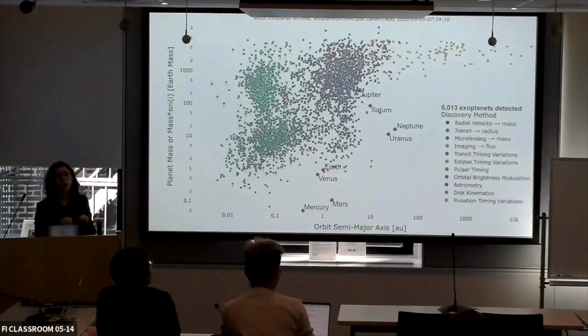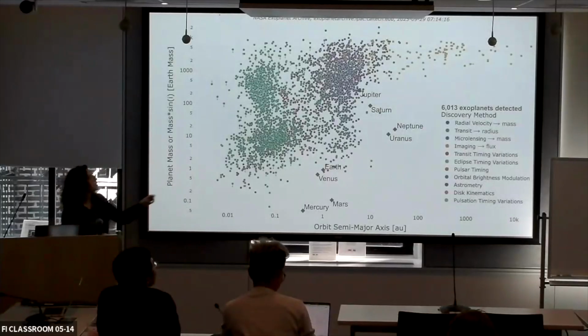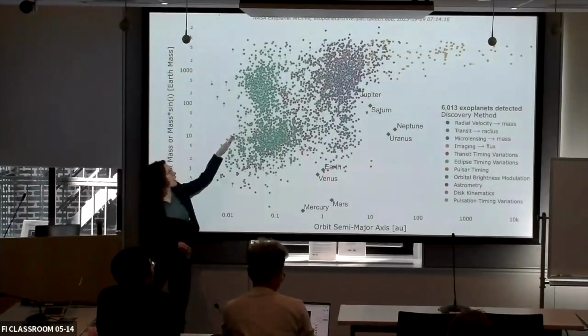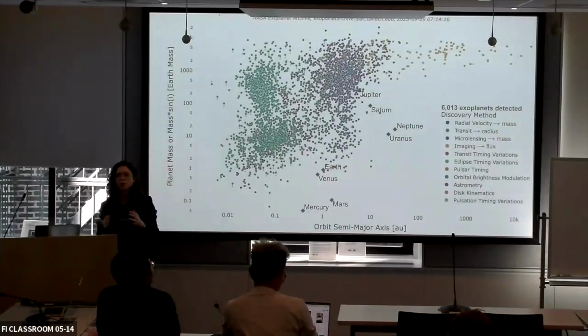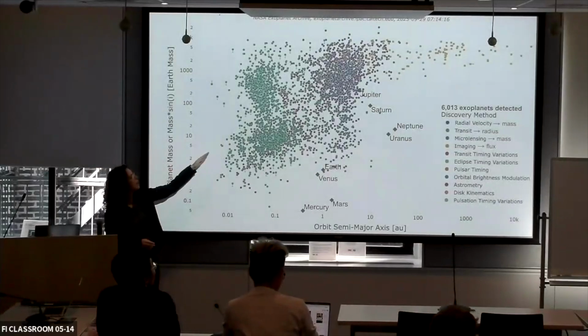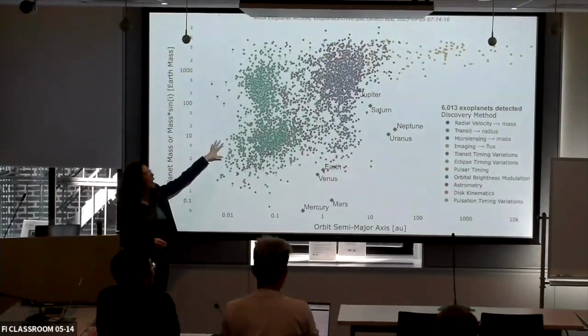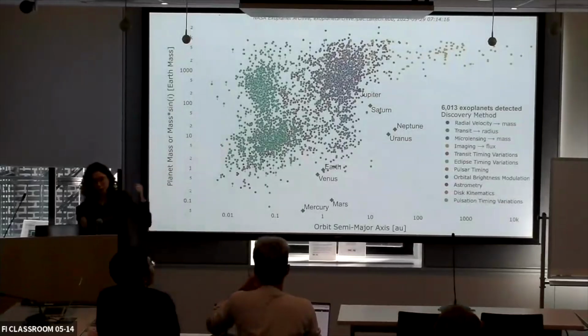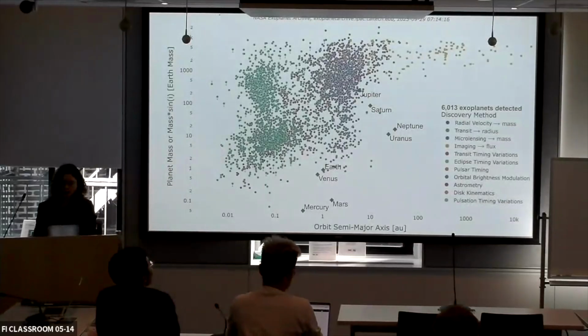There are some real features here though. For example, this kind of wedge cut out. This is sometimes called the sub-Jovian desert or the sub-Neptune desert, where basically it gets really hard to hold on to an atmosphere when you're this hot, unless you're massive enough, and then you can really hold that atmosphere tightly.